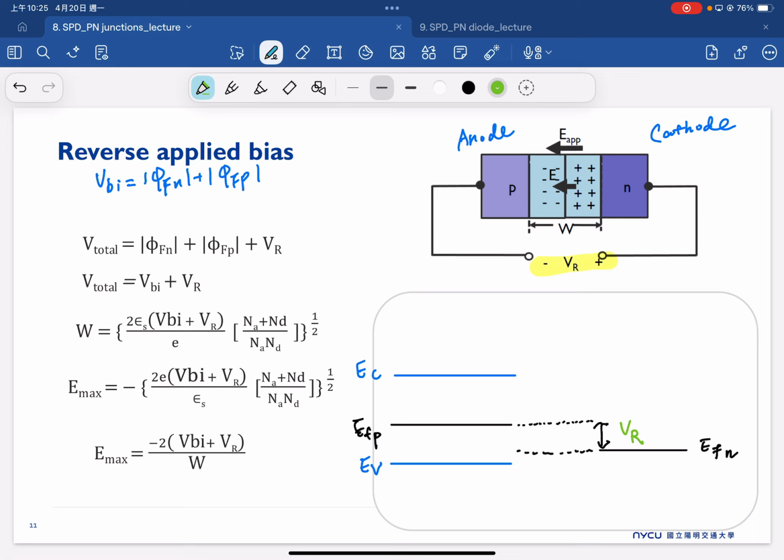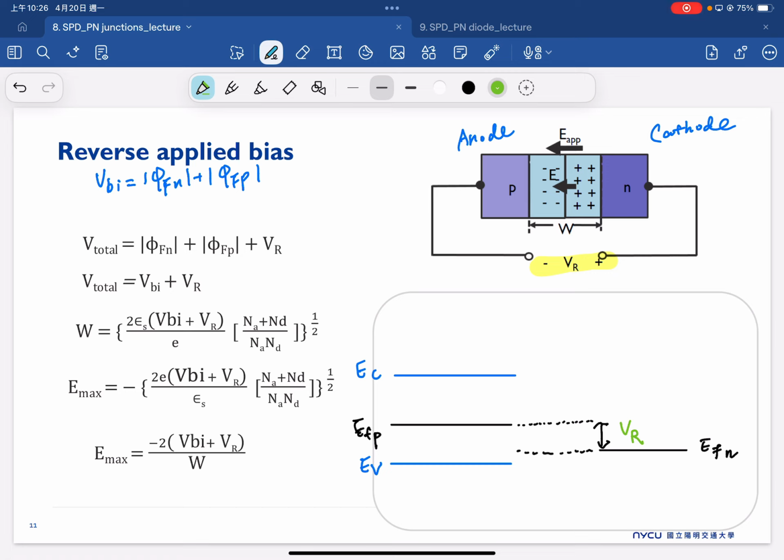So that's the main difference from zero bias, because at zero bias the Fermi energy is continuous and constant in the system. Now we give an additional bias on the cathode side, so we start to have an imbalance of the carriers. We can expect that there is a certain excess carrier, right? As we already discussed, once you give the additional force, you will have excess carriers.